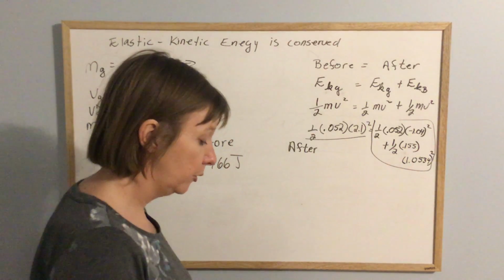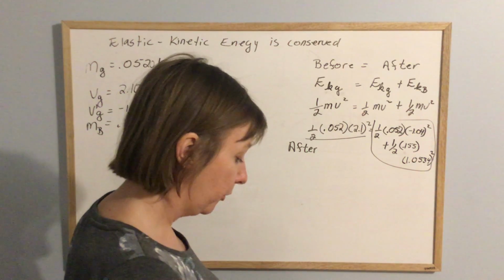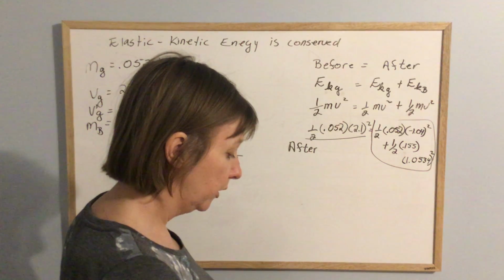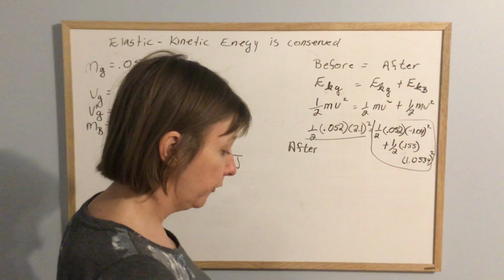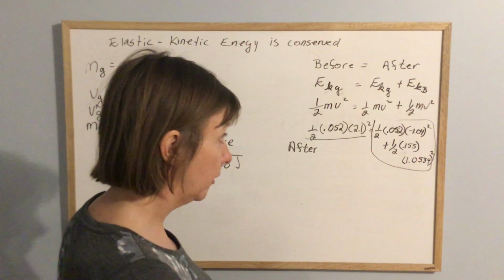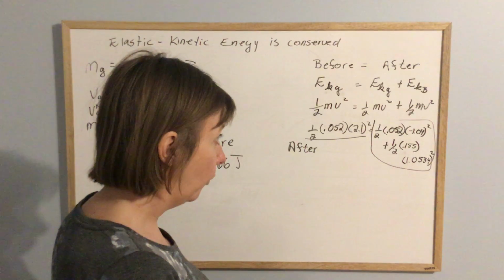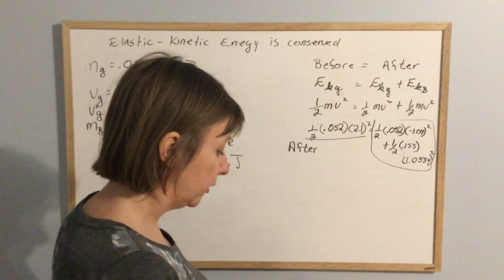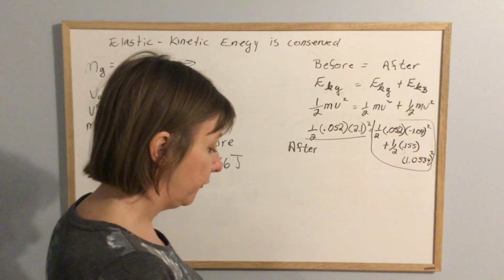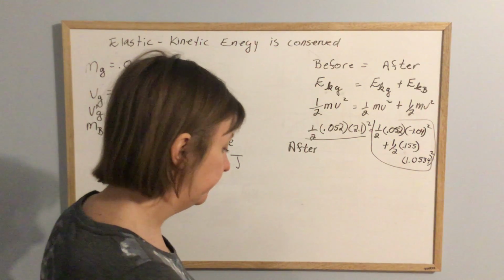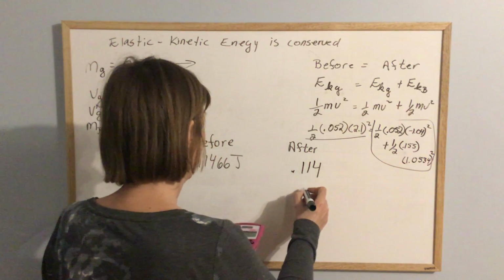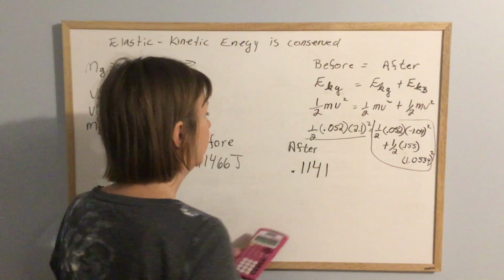So I'm going to do 1.04 squared times 0.052 times 1/2 plus, I'm going to put this all in brackets, 1.0534 squared times 0.155 times 0.5, and I'm going to get 0.1141.